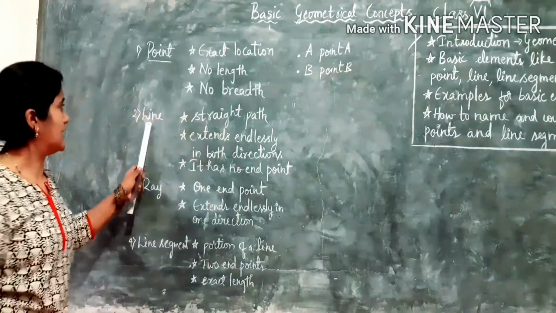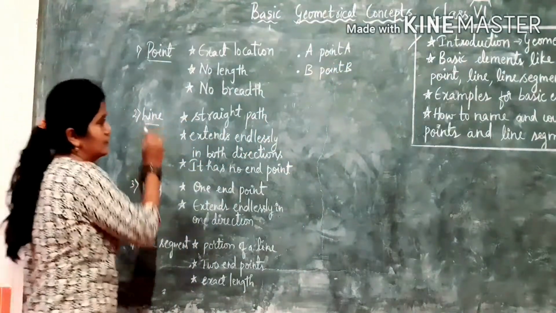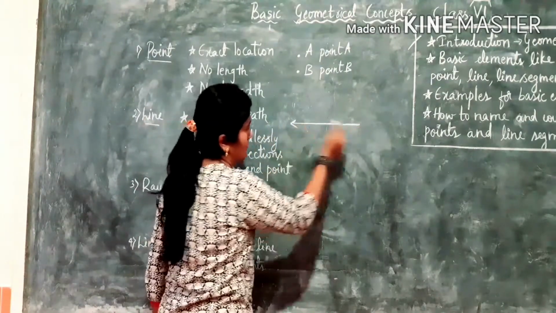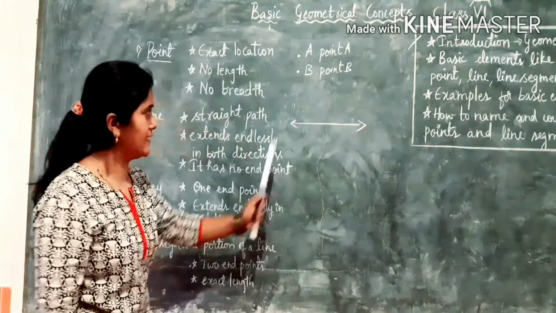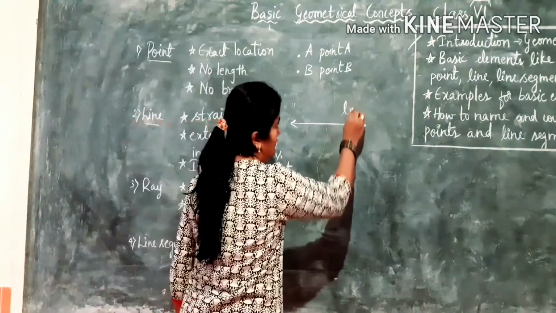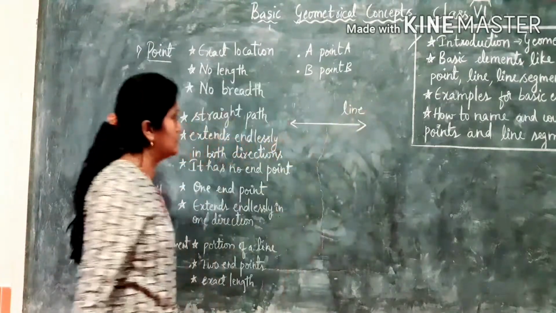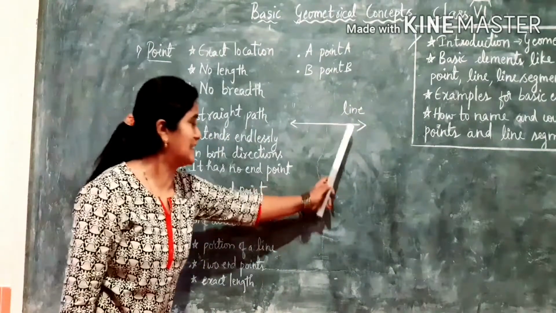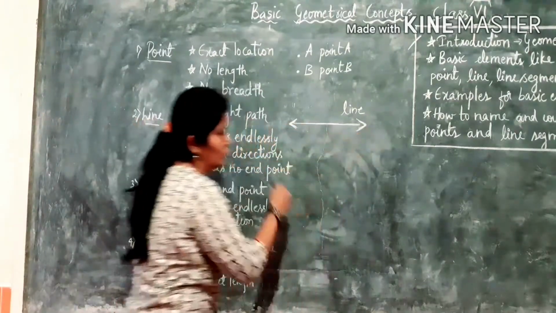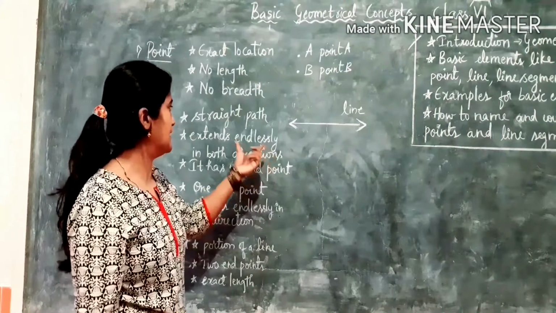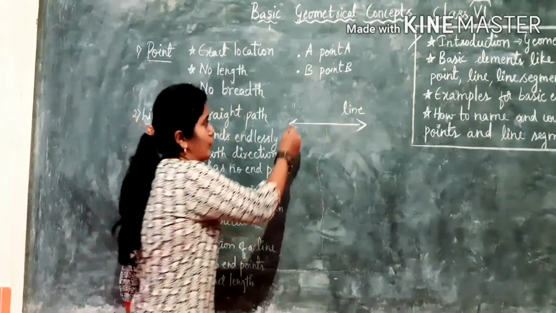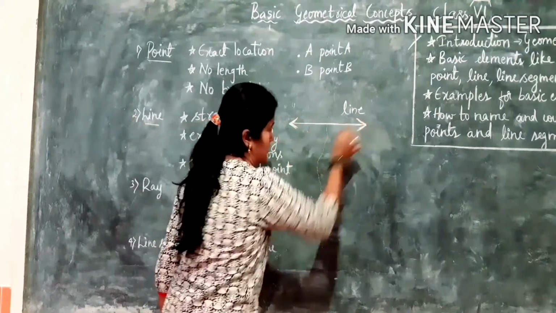Next is line. Children, on the blackboard you can see two arrow marks. So this is a line. So line has got a straight path and it extends endlessly in both the directions. So to represent it extends endlessly in both the directions, we are going to show the arrow marks.